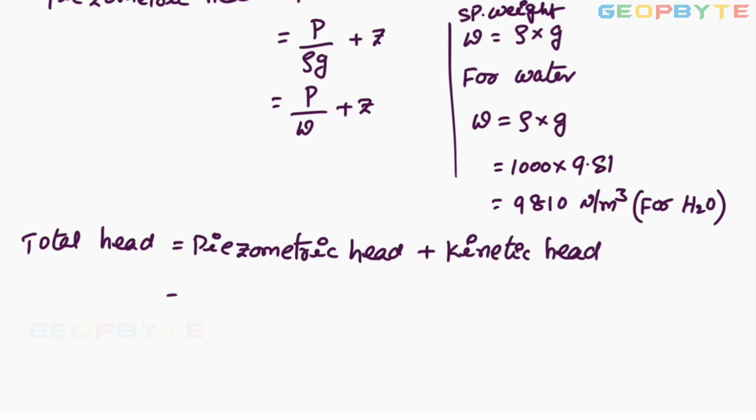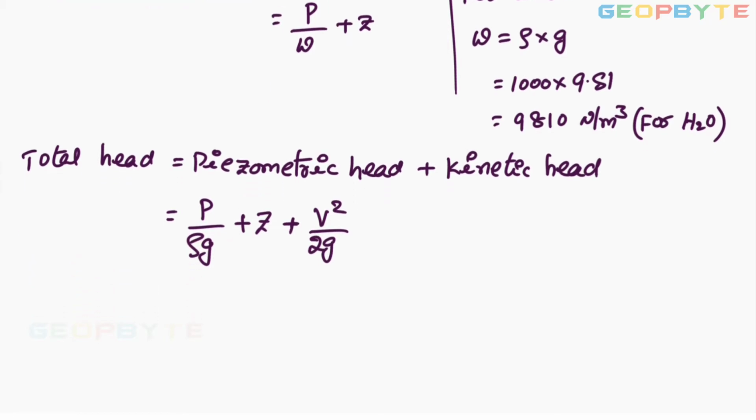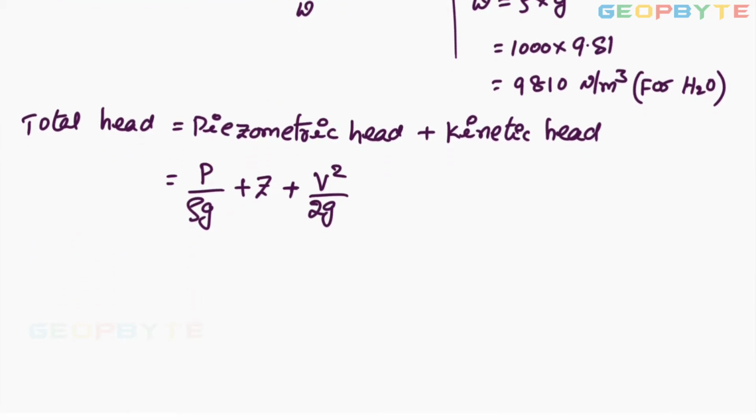Here piezometric head is P by rho g, or P by W, plus Z, plus kinetic head is V square by 2g. This is the total head. This concept we already discussed with the Bernoulli equation about the total head.